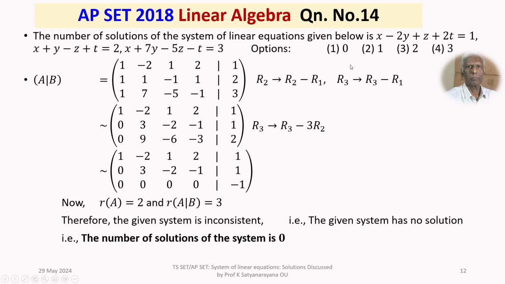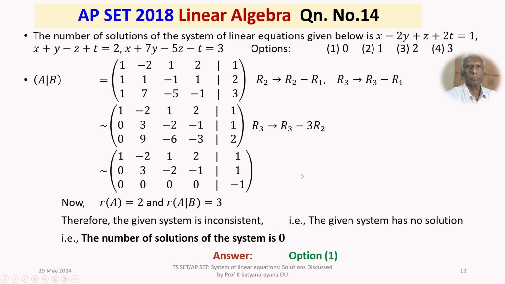And let's look at our options. Option 1 is 0. So therefore, the answer to this question is option 1. That is the detailed discussion of the solution of the given problem. And questions of this type for a set are to be given. Why? Because it is not taking much time.